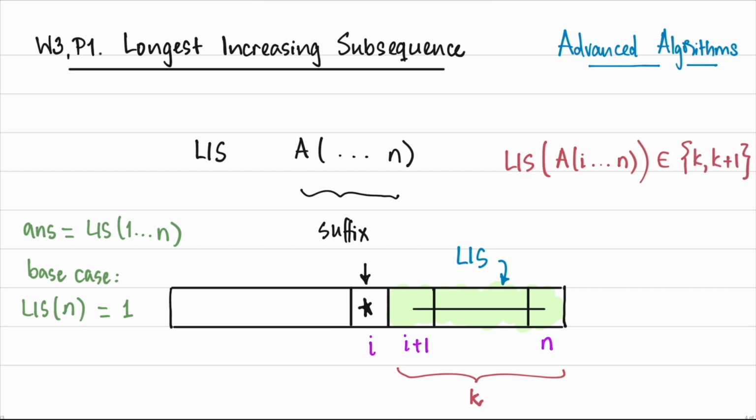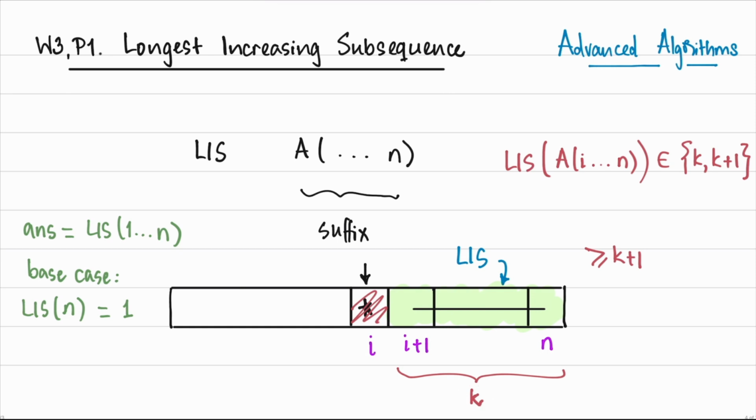Okay, it certainly cannot be more than k plus 1, because if it was more than k plus 1, then even if we knock out this element from that increasing subsequence, you would still have an increasing subsequence of length at least k plus 1 for the rest of the array, which would contradict our assumption that the length of the longest increasing subsequence in the green subarray is k.